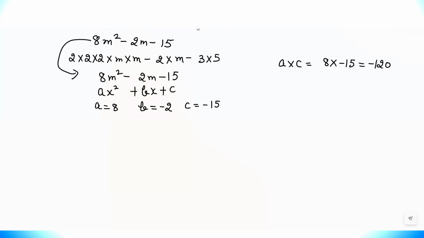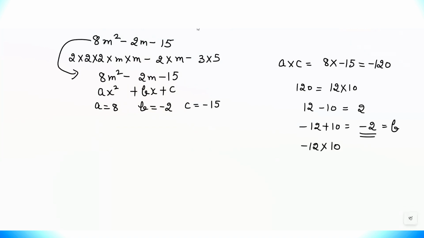So if you use the factors of minus 120, you will see 12 into 10 will give you 120. And if I use 12 minus 10, I will get 2. Minus 12 plus 10, I will get minus 2. So what I need is minus 2 because the value of b is minus 2.